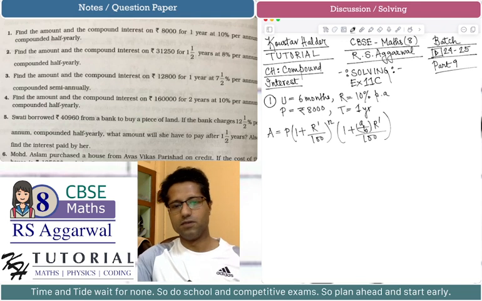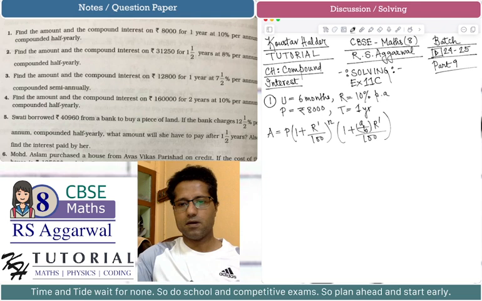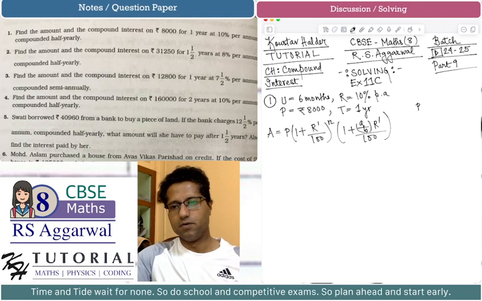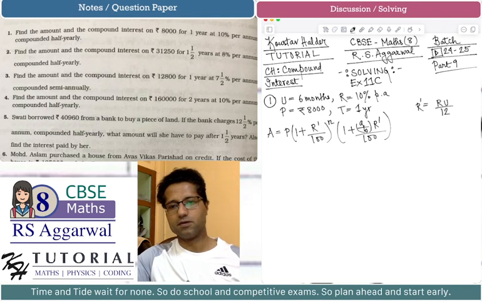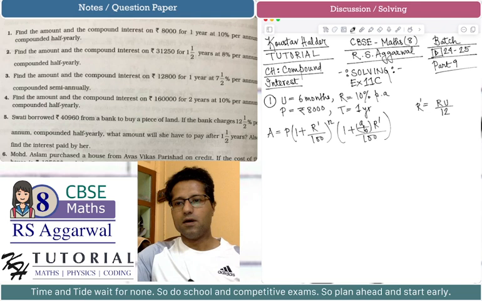P is the principal. R dash is computed as R dash is equal to RU by 12, where R is the given rate of interest per annum. In this case, U is 6 months, so it is R times 6 divided by 12, which equals R by 2.